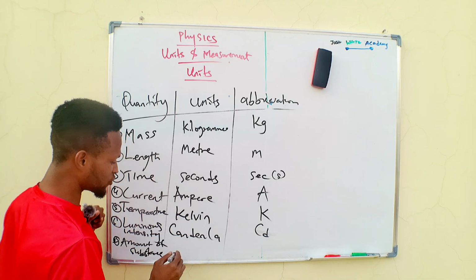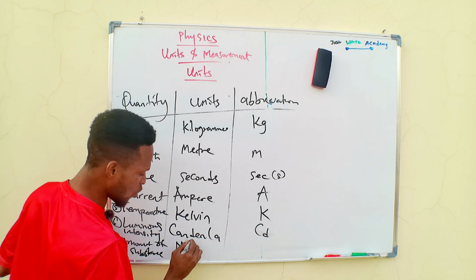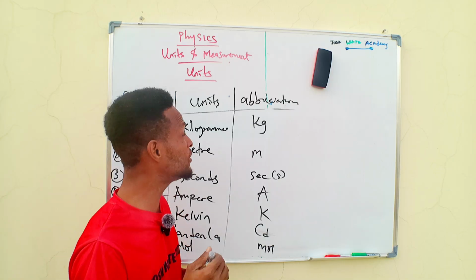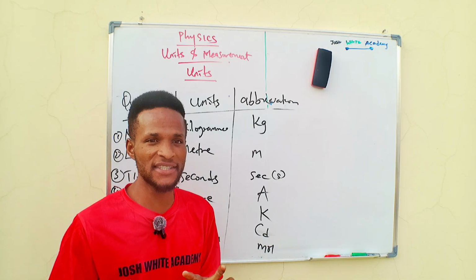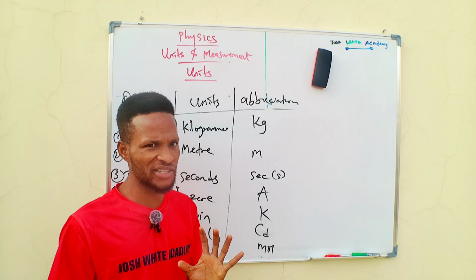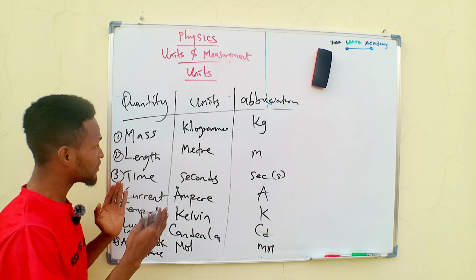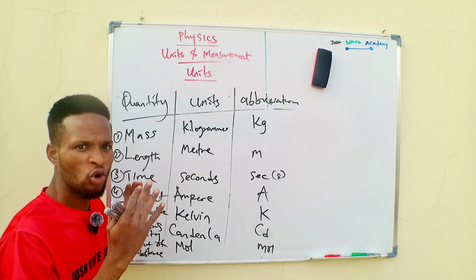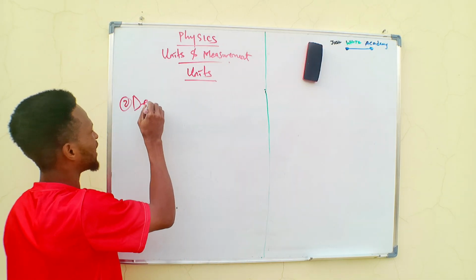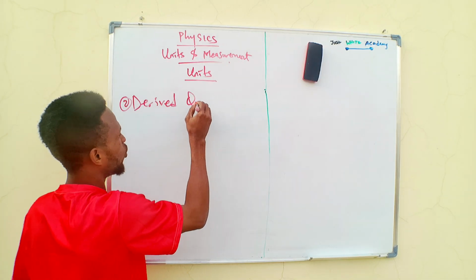And lastly, amount of substance, mole. Now please, it must be noted that these are the SI units, but not the only unit. So these are the 7 fundamental quantities.